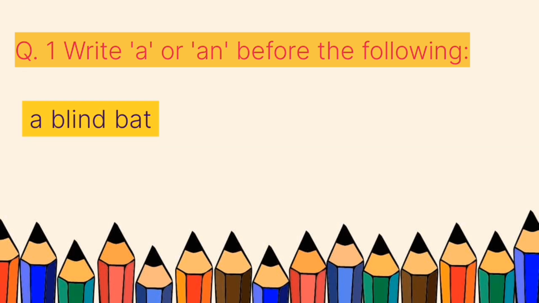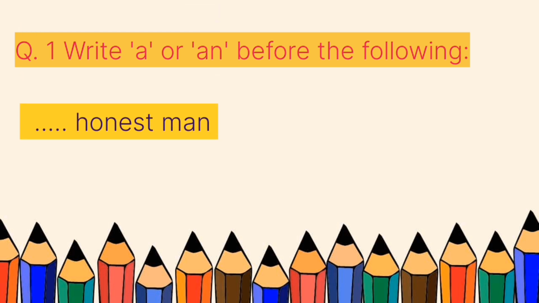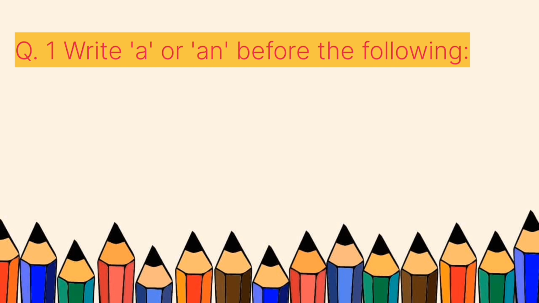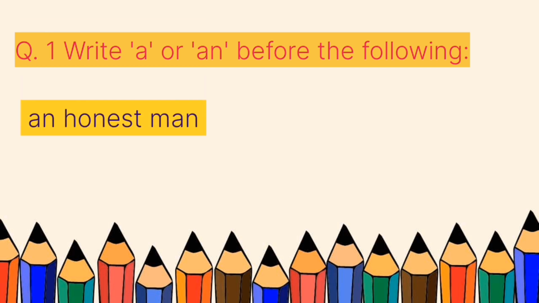Here, blind bat begins with the consonant sound B. So indefinite article a is used. Next, dash honest man. The answer is an honest man. In the word honest, H is silent. It begins with a vowel sound O. So, article an is used.